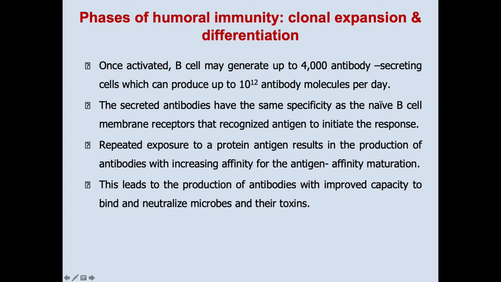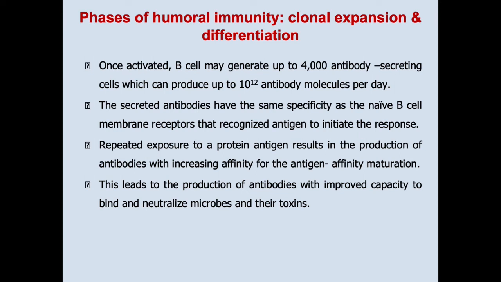Okay, and the secreted antibody has the same specificity as the naive B cell membrane receptor that recognized the antigen to initiate the response. It means that the antibody produced by plasma B cells has the same specificity as the naive B cell that recognized the antigen before.